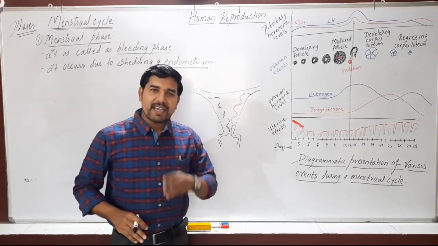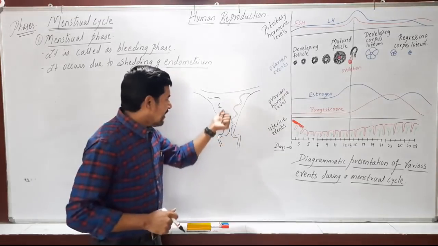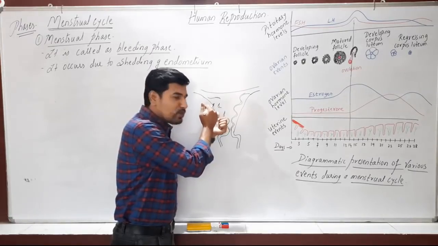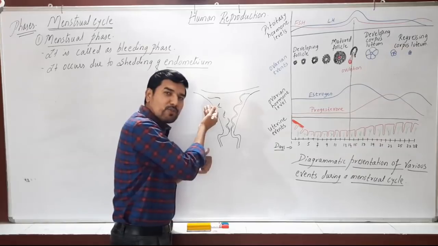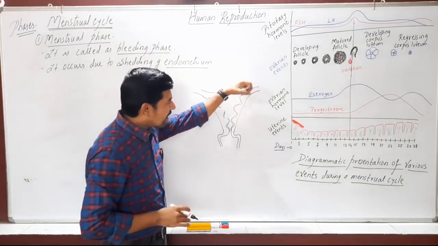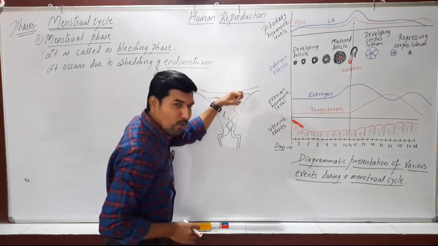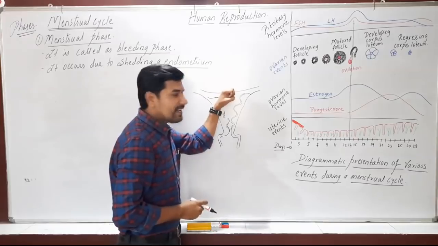Because pregnancy can occur in any month throughout the year, the older glandular tissue has to get shed off. New tissue has to be formed, so that after fertilization, when the embryo comes, it should get implanted here, and the fresh tissue can provide nourishment so that it gets implanted firmly.